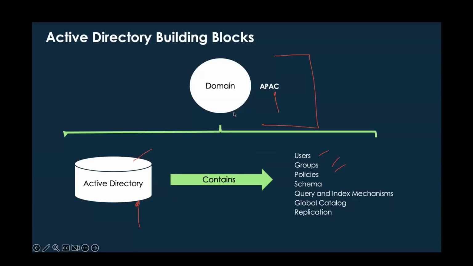So meaning in a single domain, and in this example, which is APAC, you could have multiple located in multiple countries. And as a practice, depending on how the company is structured, they could have multiple Active Directories in a single country, depending on how many islands they have or how many departments or subsidiaries. And then it grows to a much broader landscape.